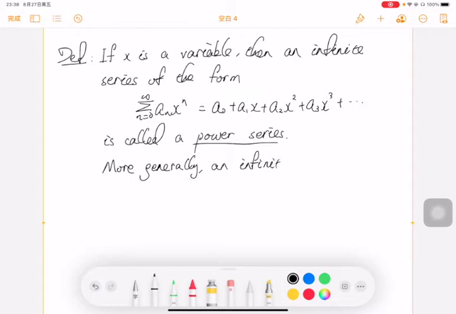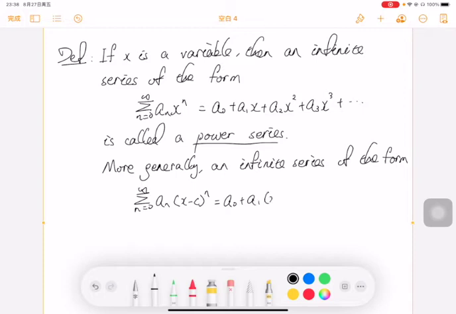An infinite series of the form sum of a_n times (x minus c) to the n, where c is some fixed constant. This equals a0 plus a1 times (x minus c) plus a2 (x minus c) squared, and so on and so forth.